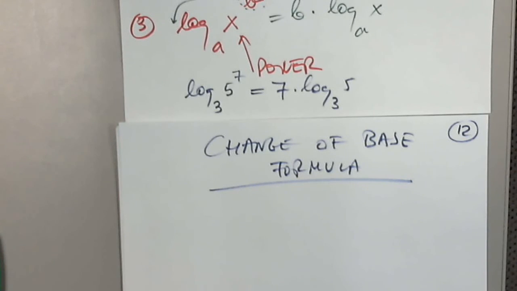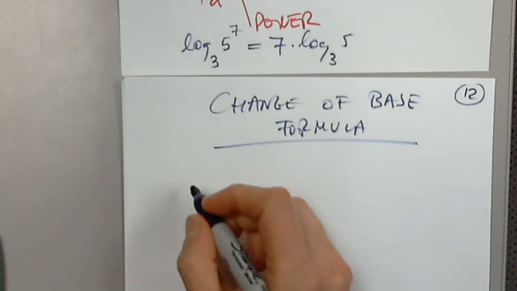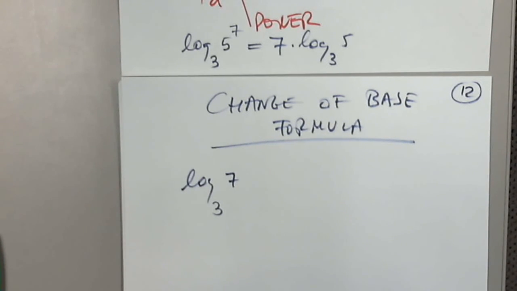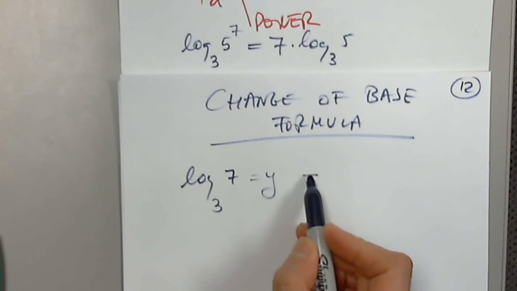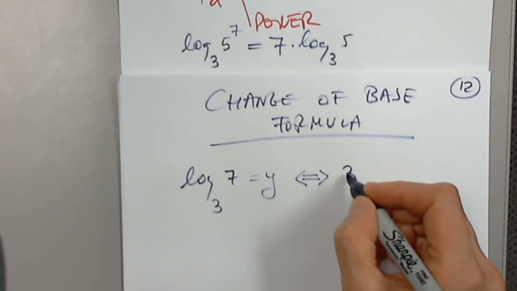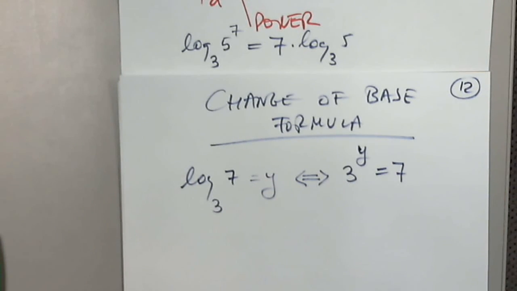So if we are asked to determine, let's say, log base 3 of 7, I can do this by hand. So this is a number, right? What would this change into? What does this really mean? 3 to the y equals 7, counterclockwise.